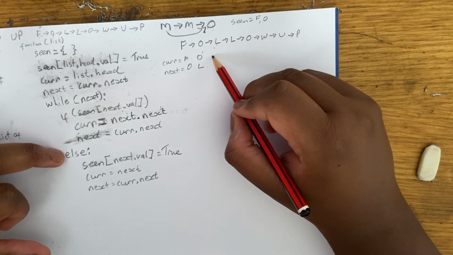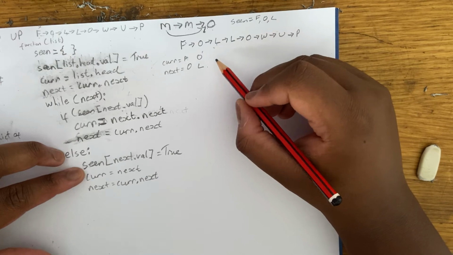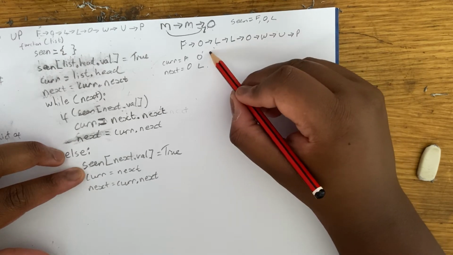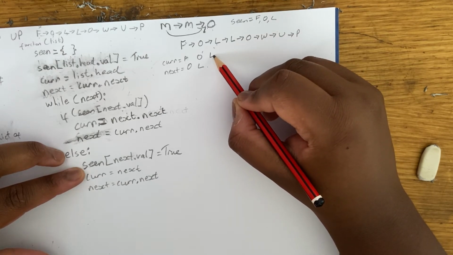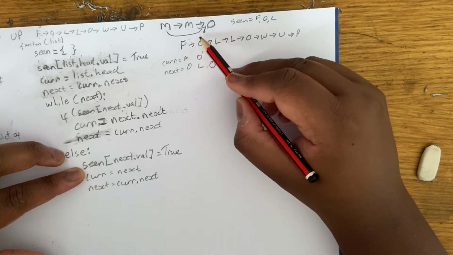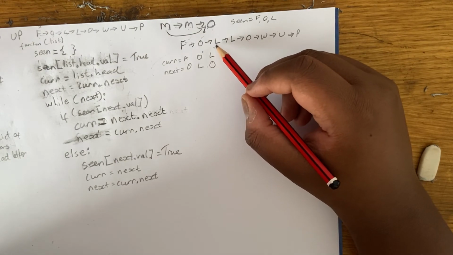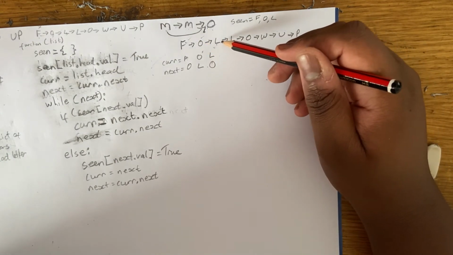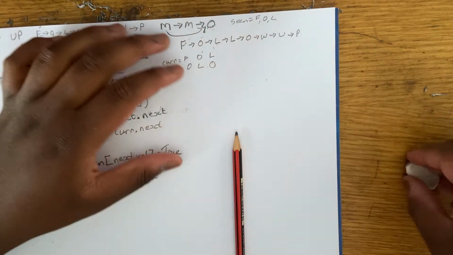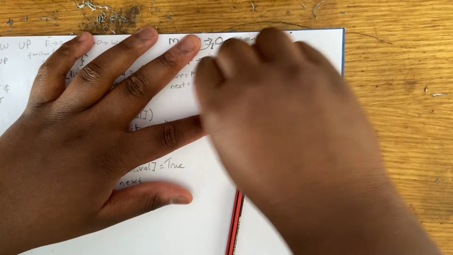No. So then we have L. And then the next is another L, and then the next is an O. So, okay, wait. Okay, so now we're here. Shoot, let's try again. I've lost my train of thought.